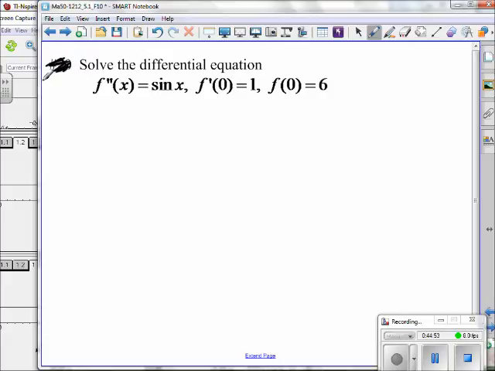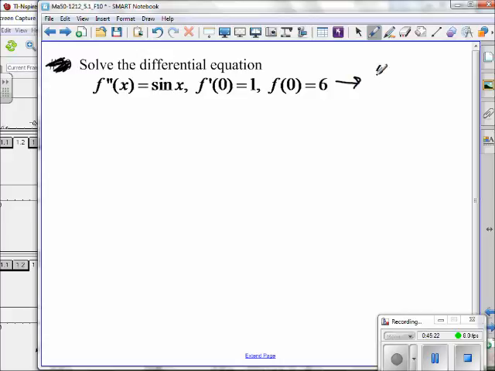Now, this is a little different question. It says solve the differential equation. I don't think I have the homework for this section ready for you. It's not posted on WebAssign yet, so you've got a little bit of time to mull this over. But when we say solve the differential equation, what we're saying is you're given a second derivative, you're given the first derivative.